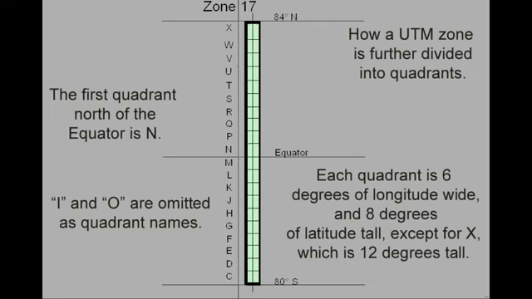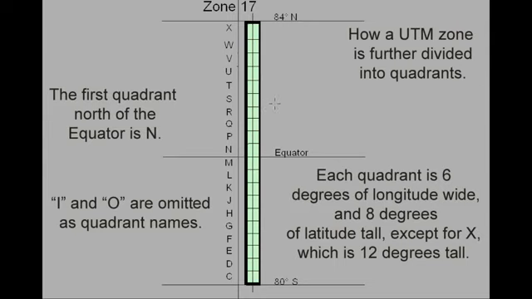Okay, so now let's look to see how a zone is further divided into quadrants. Here we are at zone 17, and zone 17, as you will recall, is divided by the equator, and it is also divided lengthwise by the zone meridian, which divides the zone into 2 equal halves. In addition, the zone is divided into 20 quadrants.